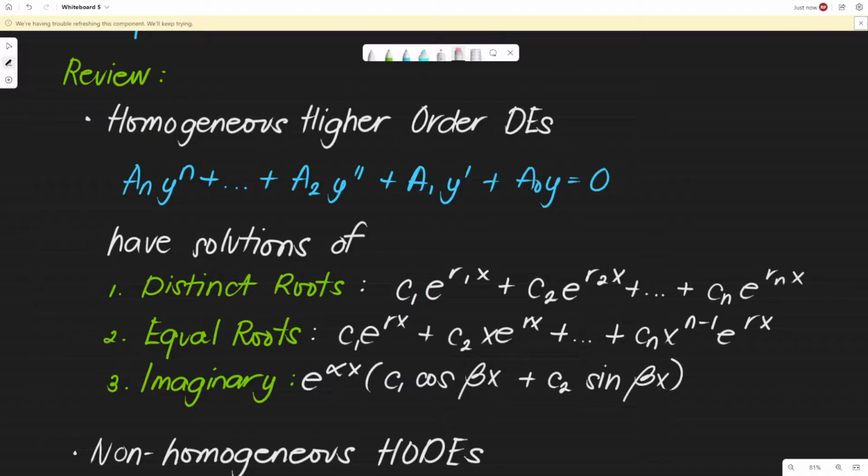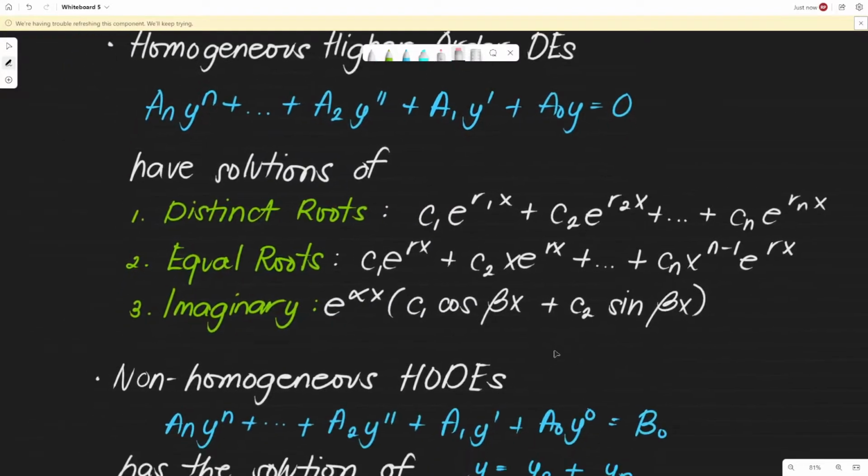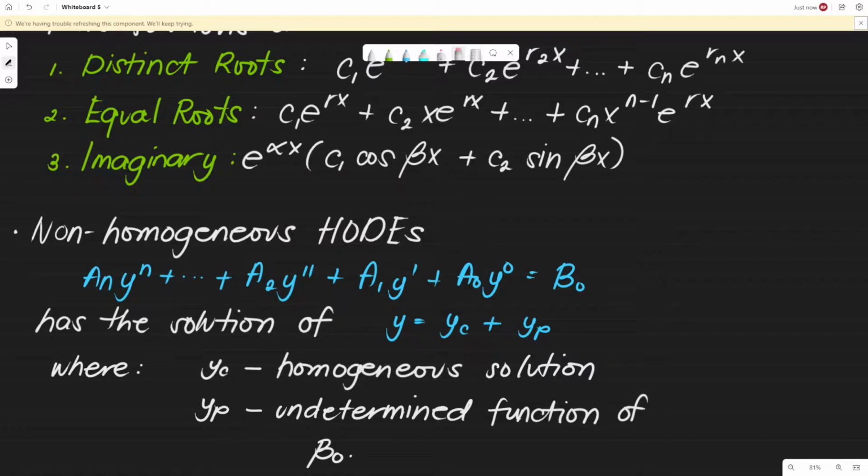And last, kapag imaginary yung roots natin, remember we have the form r is equal to alpha plus beta i. Yan yung form ng ating complex root. Alpha is the real part, yun yung nakalagay sa exponent ng e, then beta is the internal function of cosine and sine. Yung beta, yun yung coefficient ng i natin, na imaginary part natin.